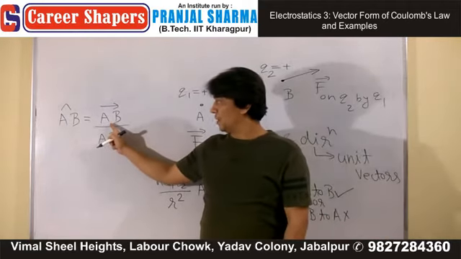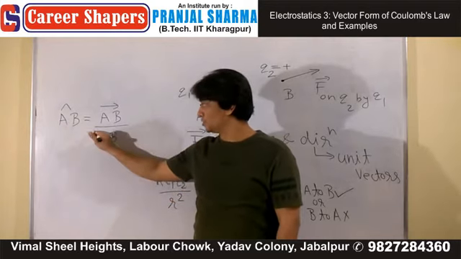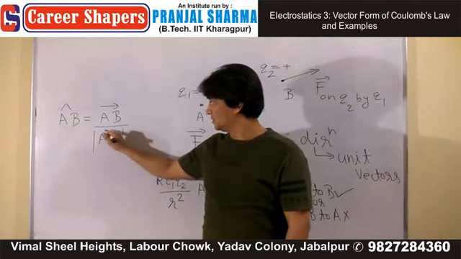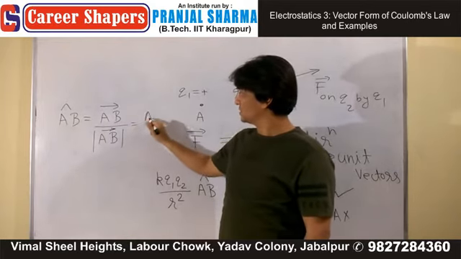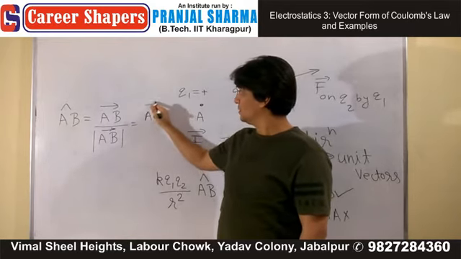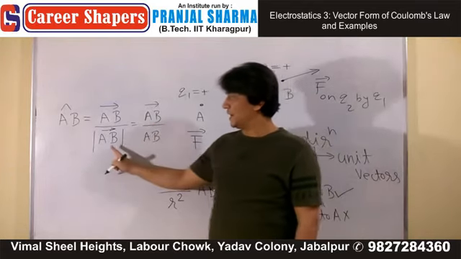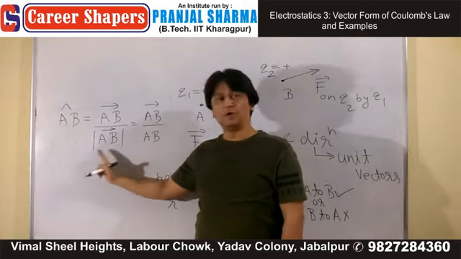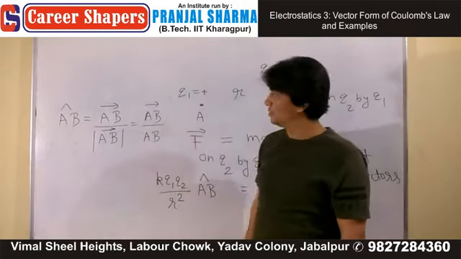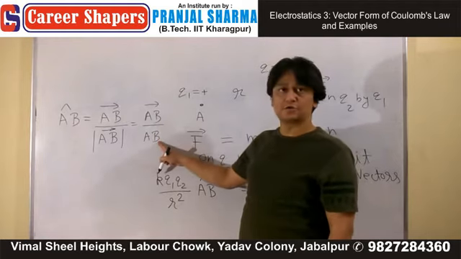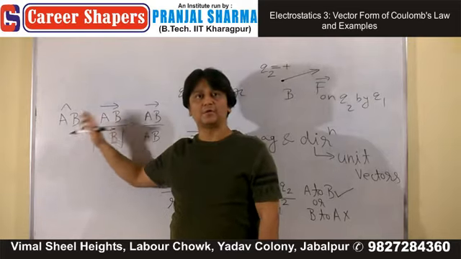A vector divided by its own magnitude. You can also write like this, or simply this. Either write AB vector between two vertical lines representing magnitude, or simply remove the arrow. A vector divided by its own magnitude becomes a unit vector.